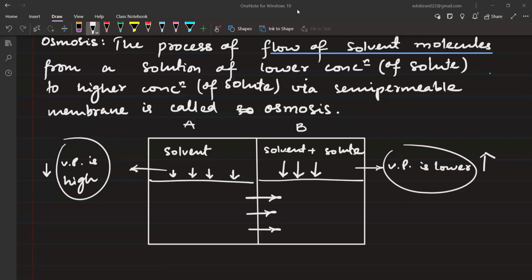If I add external pressure so much that the osmosis stops, that is, I apply such a pressure that the pressure of chamber B becomes equal to the pressure of chamber A, that external pressure is known as the osmotic pressure.